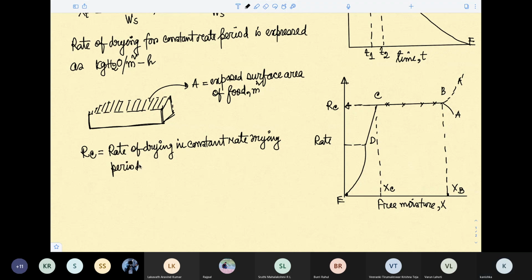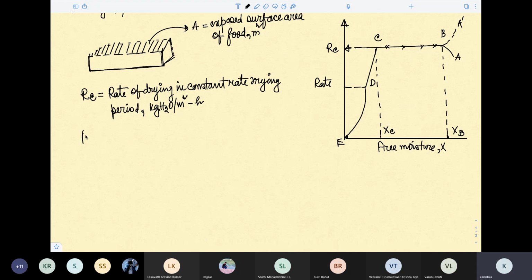This is in kg H2O per meter square hour. Now how is it written? We express it as R equals minus Ws by A dx dt.